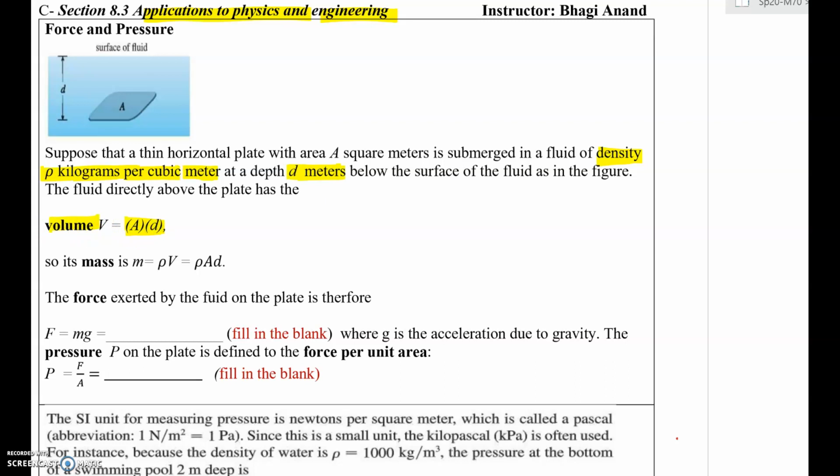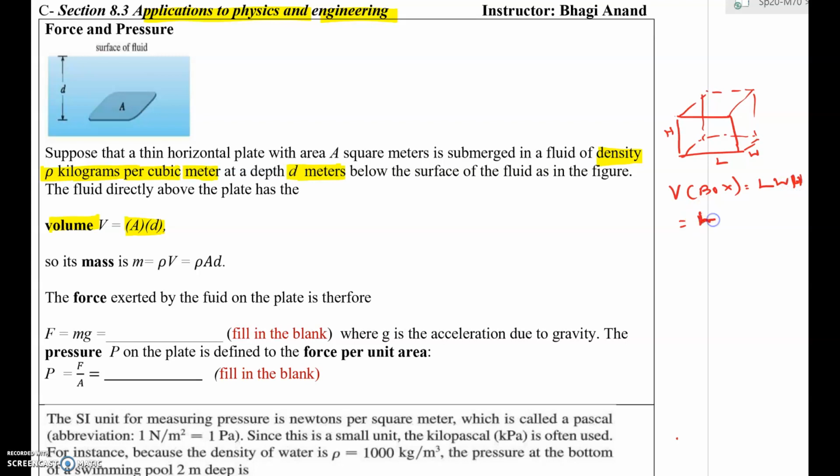To see this, if we take a rectangular box, let's say, and we want to find out the volume of this rectangular box, we know it is length times width times height.